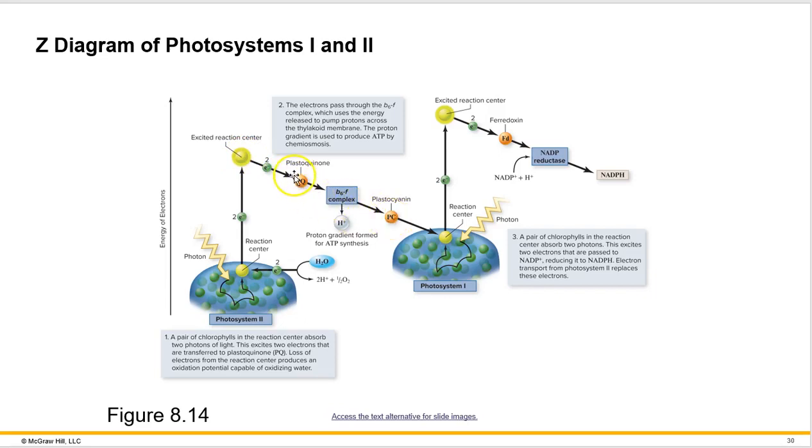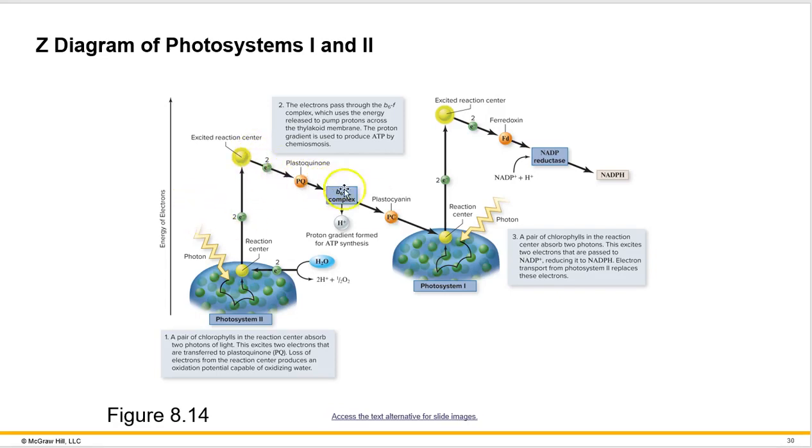Now, this electron transport chain does the same job that the other electron transport chain does, which means that it pumps protons from one side of the membrane to the other. Now, when those protons get pumped across, they're going to flow through ATP synthase, which is the same thing we saw before.